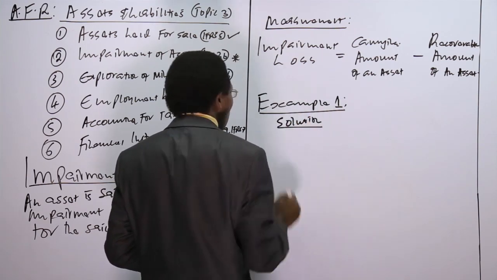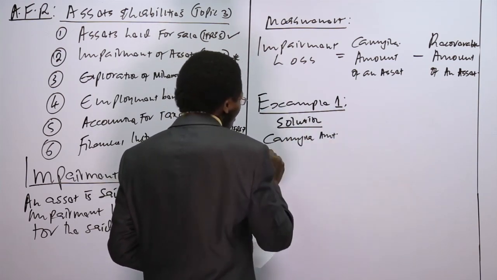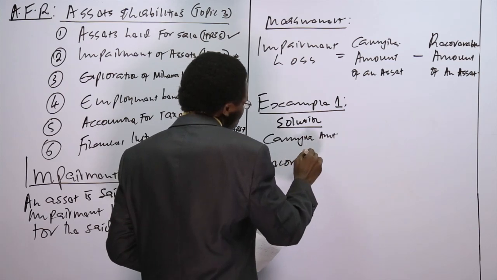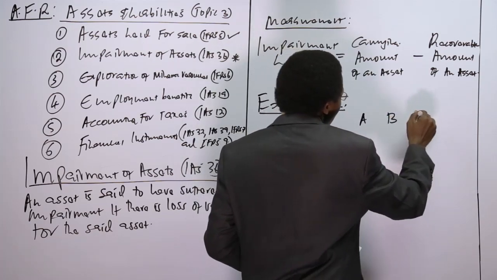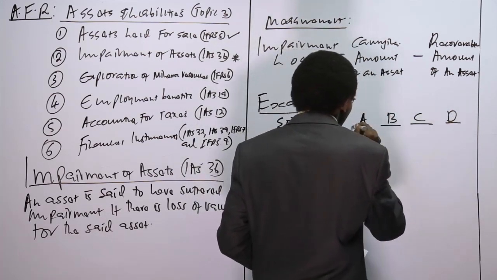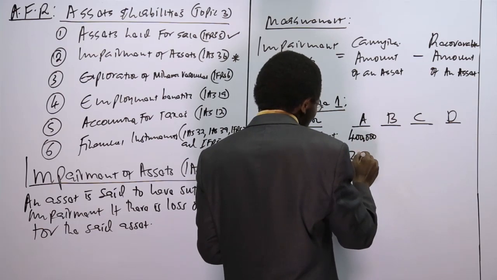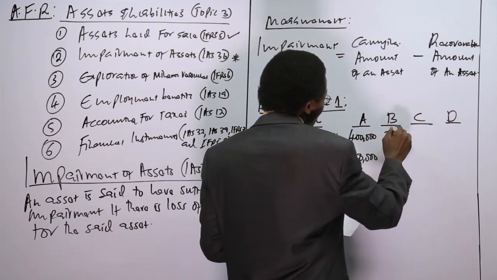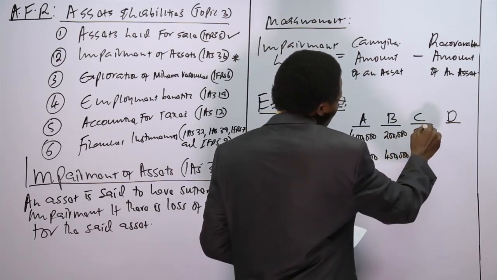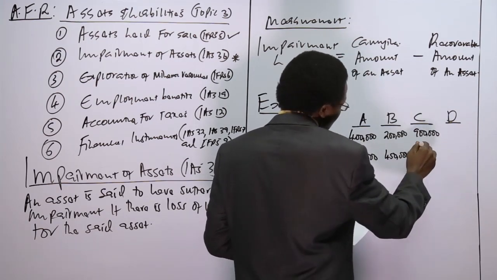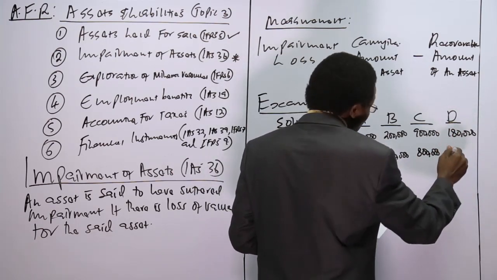The solution here. We have the carrying amount and the recoverable amount, and we have assets A, B, C, and D. So we have 400,000 and 350,000. 200,000 and 450,000. 900,000 and 800,000. 180,000 and 300,000.